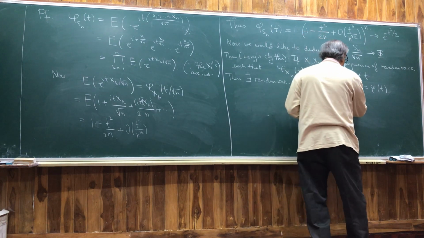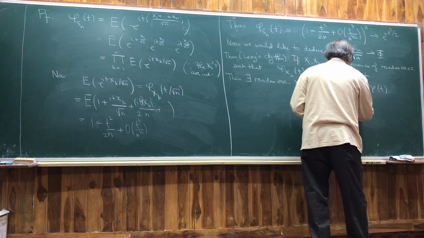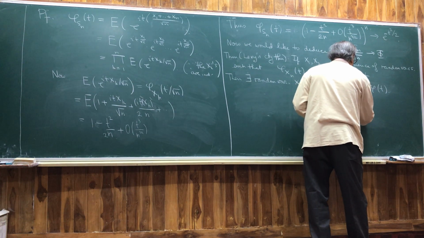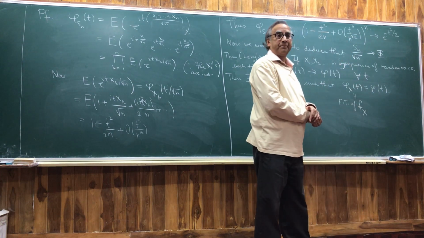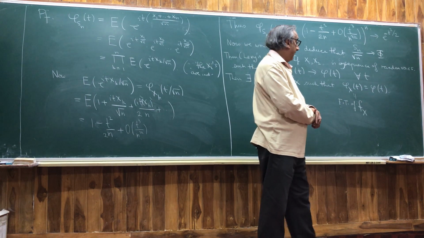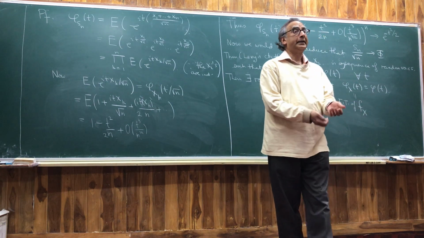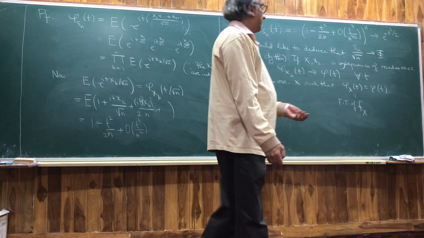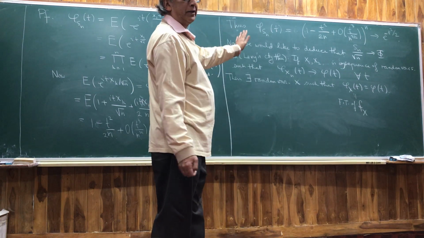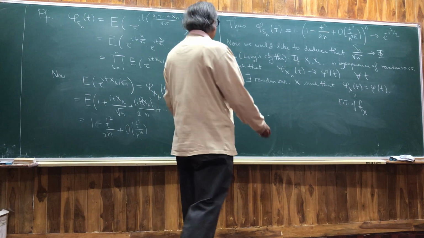This is the Fourier transform of f sub x, right? And therefore, if I want to get my hands on f sub x, I take the inverse transform, and so I get my hands on the density function. So this is a general theorem, has nothing to do with independence or identically distributed. The general theorem of Levy.